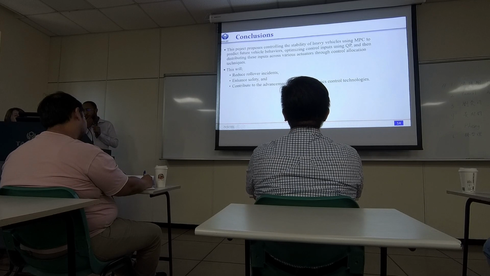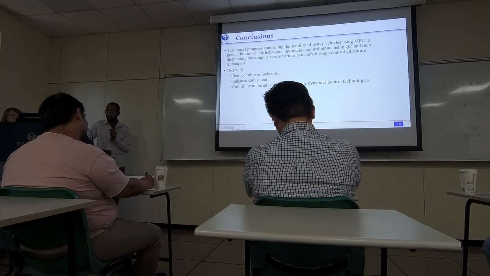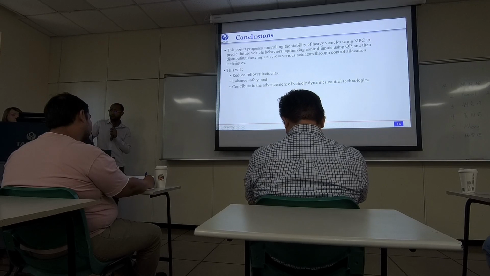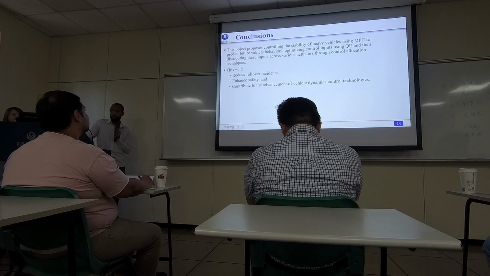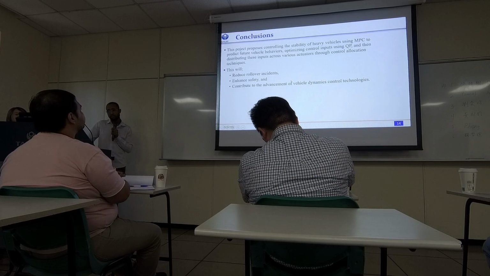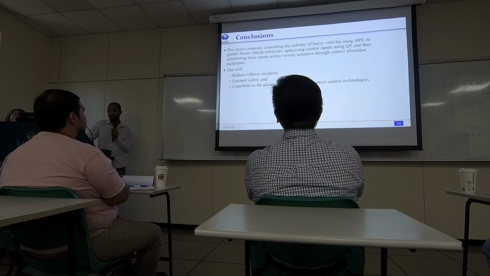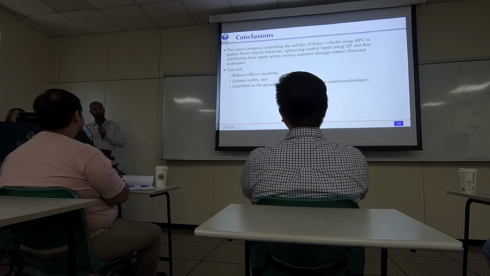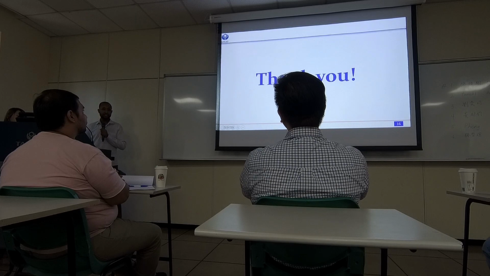And in conclusion, this project proposes controlling the stability of a heavy vehicle using model predictive control to predict future vehicle behaviors, and then optimize the control inputs using quadratic programming, and then distribute these inputs across the various actuators through control allocation techniques. This will reduce accidents and enhance safety, and probably contribute to the advancement of vehicle and control technologies. And here are our references, and thank you.